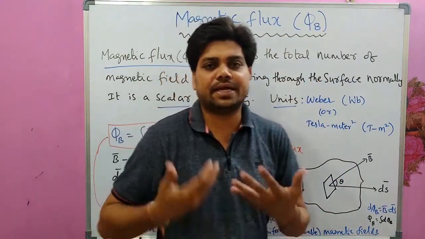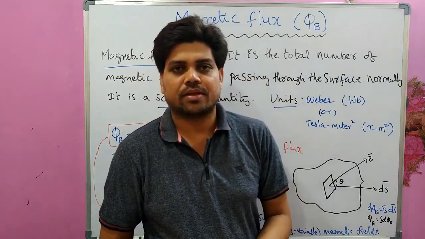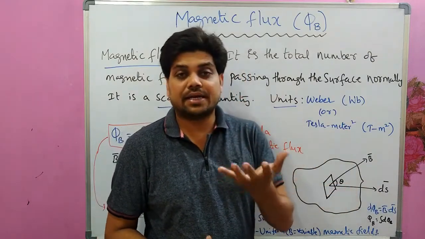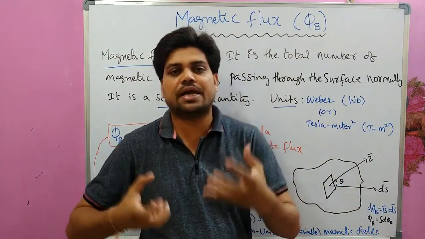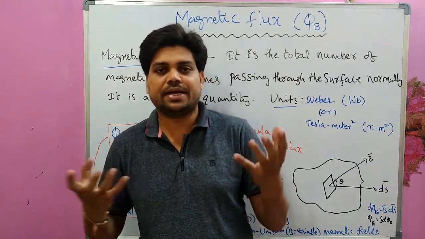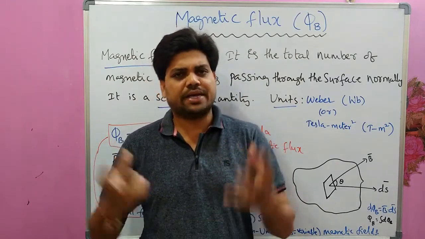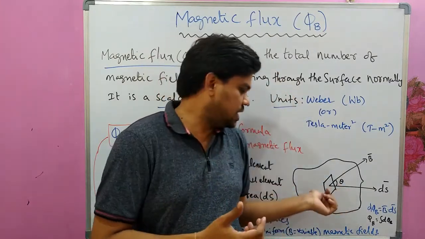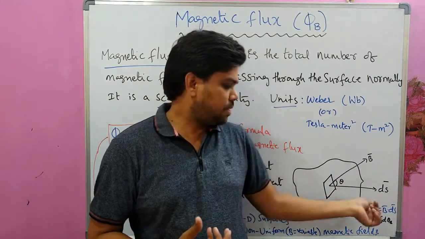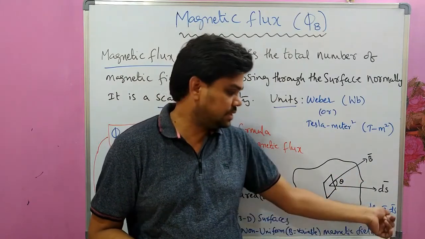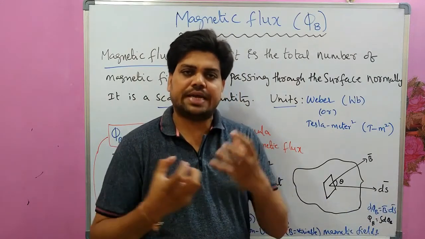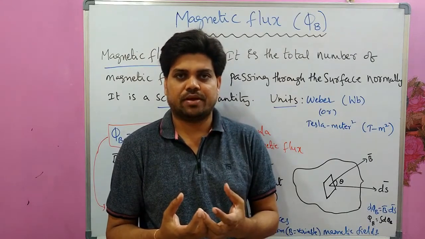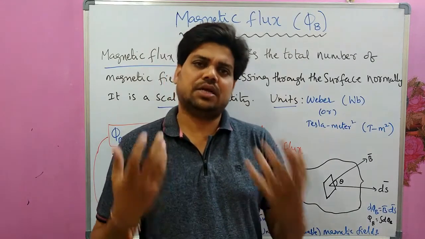See, depending on the magnetic field magnitude, we will have a different magnetic flux passing through different small area elements if the magnetic field is not constant. If the magnetic field is constant, then at each and every area element that we have considered on the surface, the d phi B will be the same if B is the same. If all the area elements have the same magnitude, right? So that is a special case.